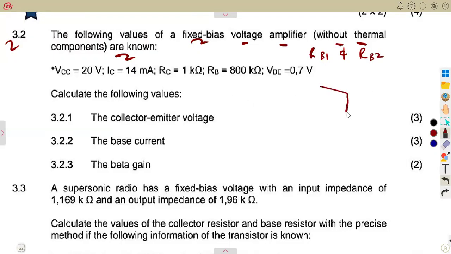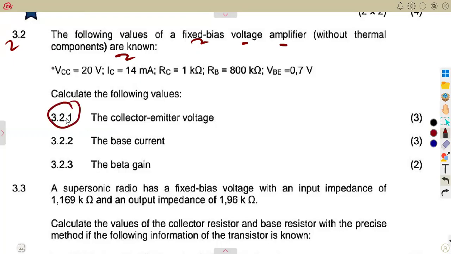Remember, at the emitter you can have the resistor and the bypass capacitor, CE and RE. Those are not part of our circuit. This is a simple, basic fixed bias. I talked about that in the introduction. Make sure that you go through it.